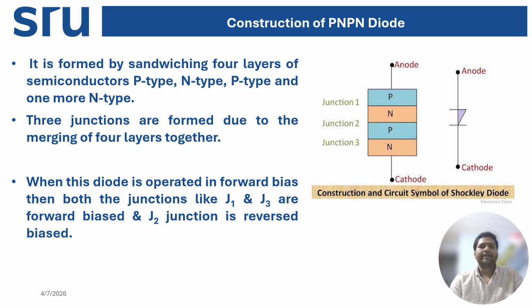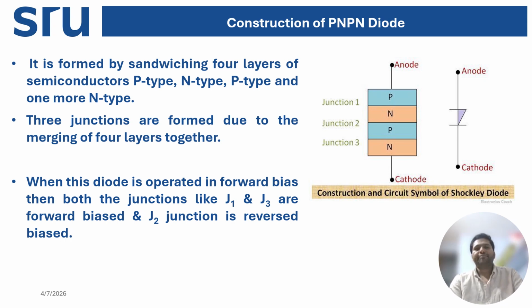We can say that the PNPN diode is a two-terminal, four-layer and three-junction device. Now, looking at the terminals, the anode is connected to the outer P-type semiconductor layer, and the cathode is connected to the outer N-type layer.